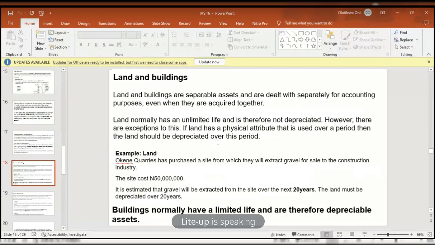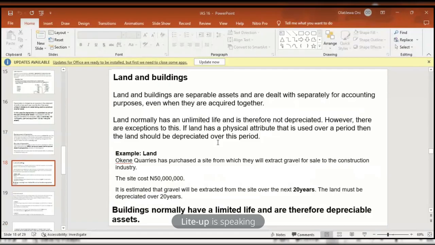So an example here we talked about, with an exception: the land is a quarry site, of course. If it's a quarry site and there is extraction going on, the land will be depreciated. That's the only condition under which land is computed for depreciation.